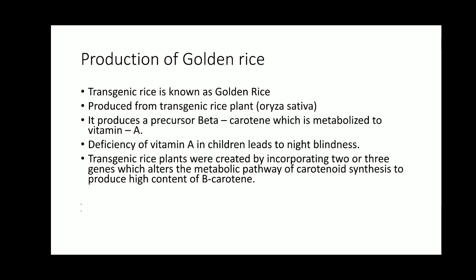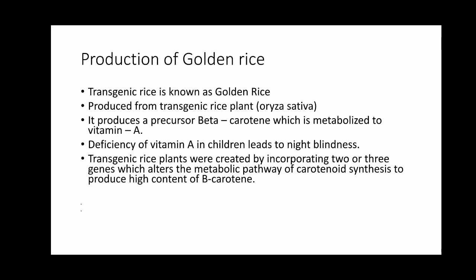Using genetic engineering techniques, the genes PSY, LCY and CRTL are cloned into the Ti plasmid of Agrobacterium and transferred into the rice nuclear genome, and they are expressed in the endosperm because they are placed under the endosperm specific promoter.